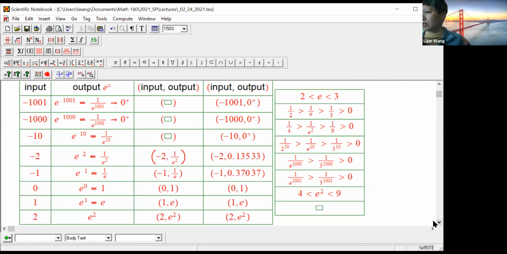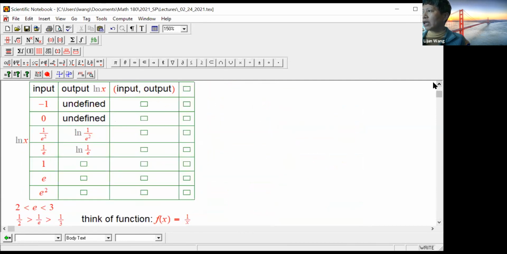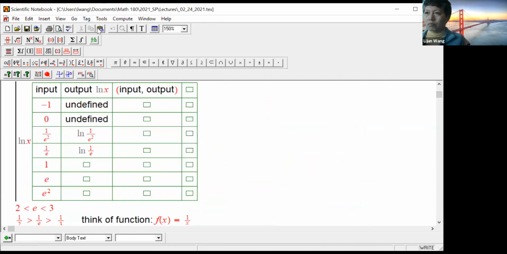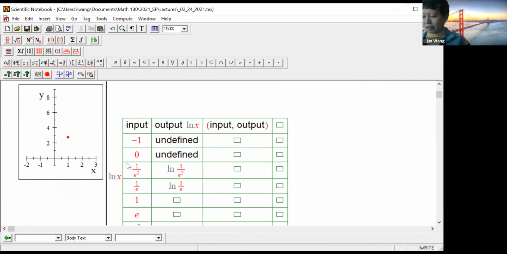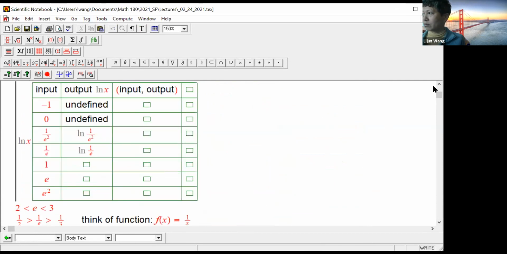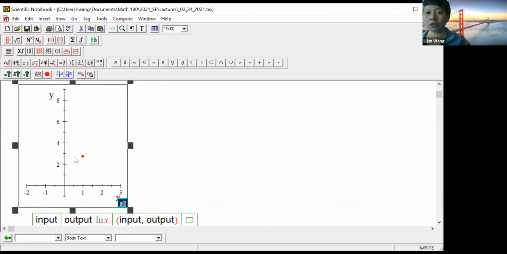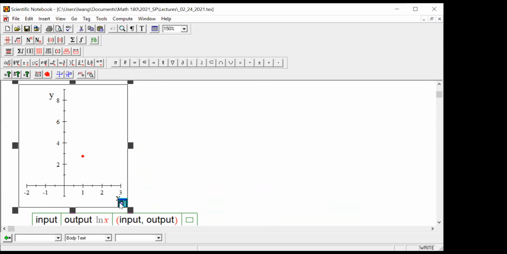Yesterday I plotted 1, e. Today I'm going to plot some of the other points. You need to mark all the points. Remember how we mark the points for 2 to the power x?